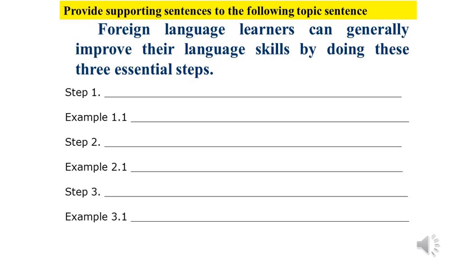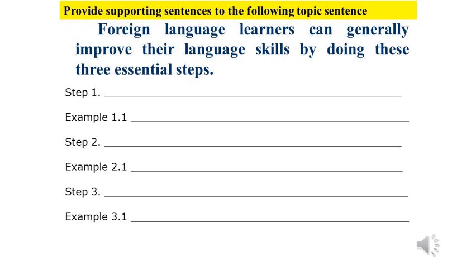Let's start with step 1 and give an example, and next step 2 and give an example, and step 3 and give an example. You have to provide examples to illustrate the main idea. It is always good to clarify the points by providing more and more examples because the reader expects the idea to be clear. Let's do this exercise.